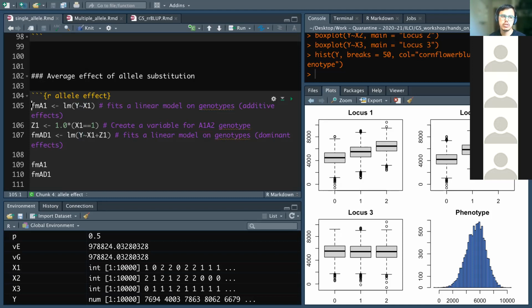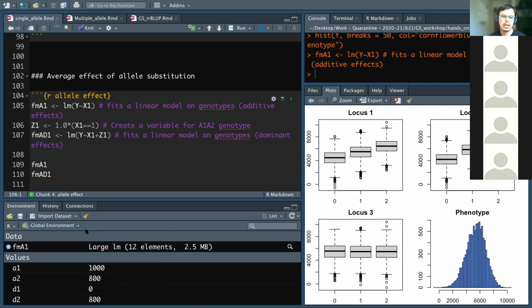So if you are interested in estimating the effect of the allele substitution, you just have to do a linear regression, and in R you can use just lm to do that.